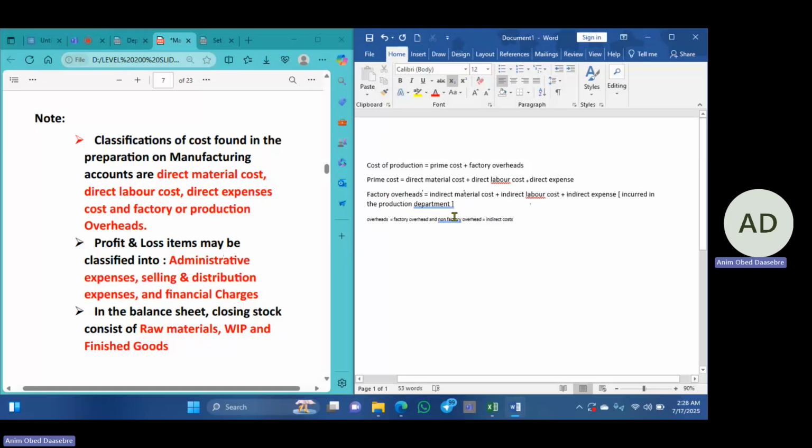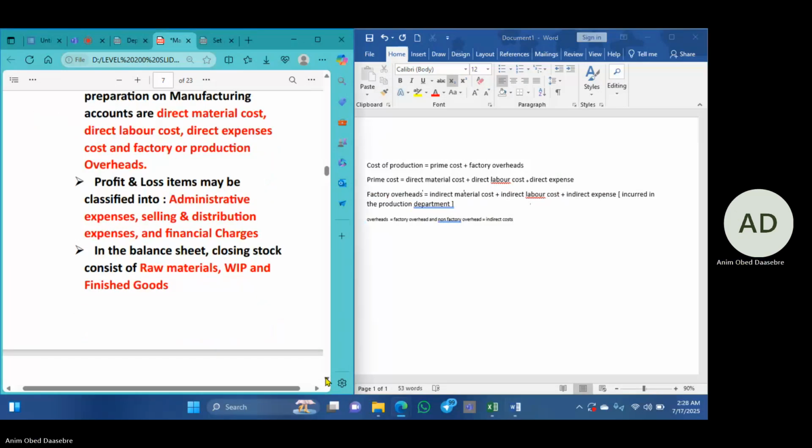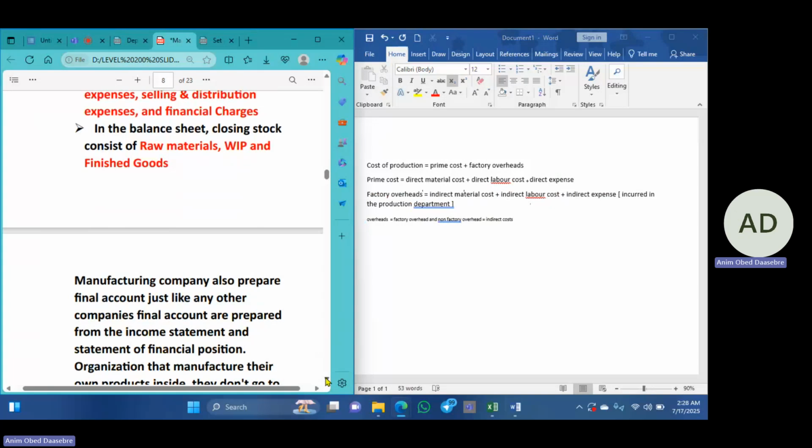Then we are done with the manufacturing account. But there are certain times you get some adjustment on work in progress. Then we need to adjust for them before we find our cost of production.